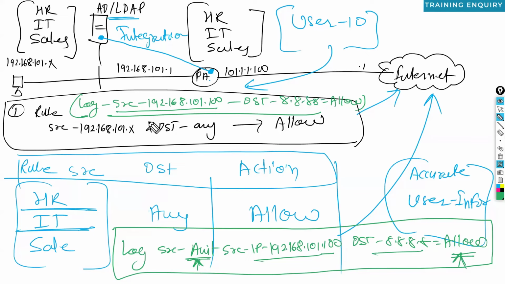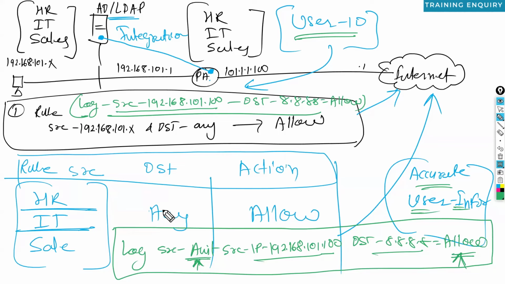So after User ID or AD integration, you will get accurate user information instead of only source IP and destination IP. Clear? So when we do AD integration with Palo Alto, that is called User ID, and it will help us find accurate user information, as well as enable more control in our policy deployment.